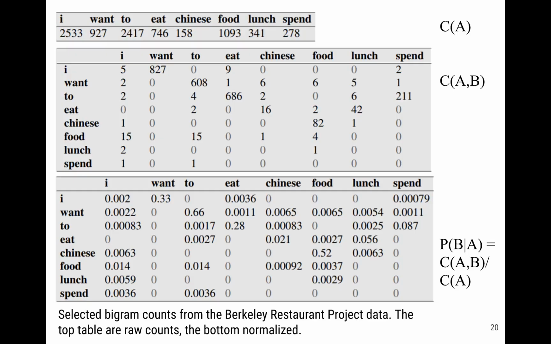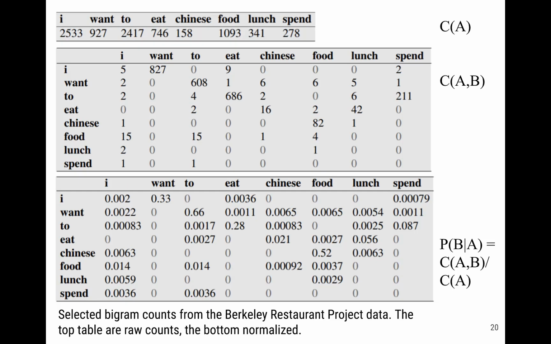So, for example, in the cell I want, which has a count of 827, the value 0.33 in the second table is achieved by dividing 827 by the count of the number of times I exists, 2533. So there you have a table of frequencies for bigrams.